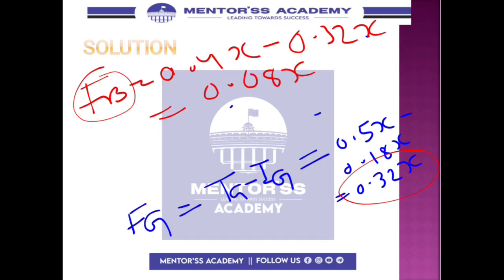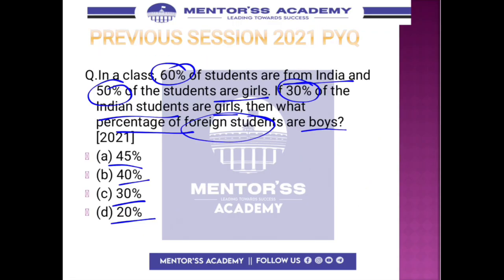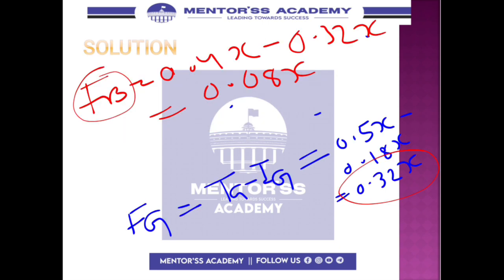Right? So what is the question here? What percentage of foreign students are boys? So the formula would be number of foreign boys divided by total foreign students, into 100.